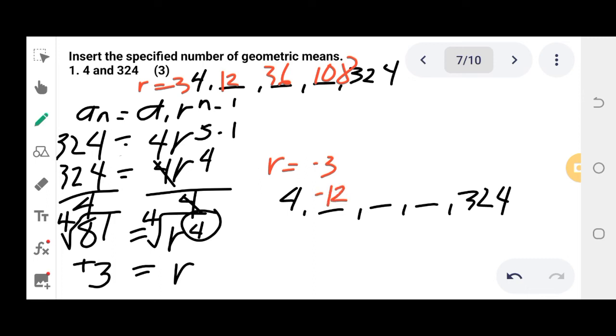Then negative 12 times 3 is positive 36. Positive 36 times 3 is negative 108. And the last one. Ayan. So, meron kang dalawang sequence na ang isa ginamitan ng positive value, which is positive 3, then negative value naman sa kabila, which is negative 3.